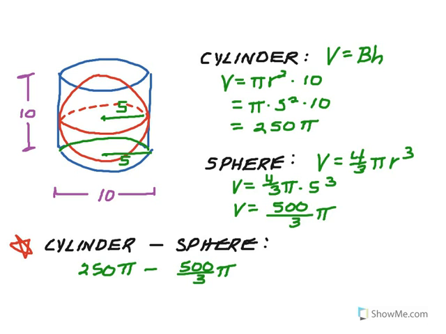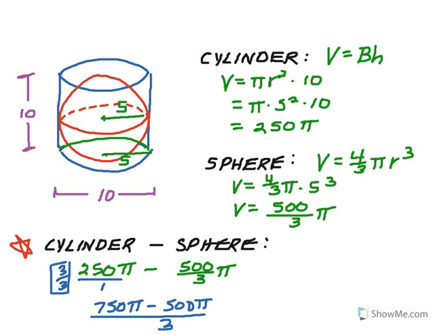So if we put that all over thirds, in other words, I'm going to multiply this first term by 1 in the form of 3/3. I get 750 pi minus 500 pi all over 3 cubic units.